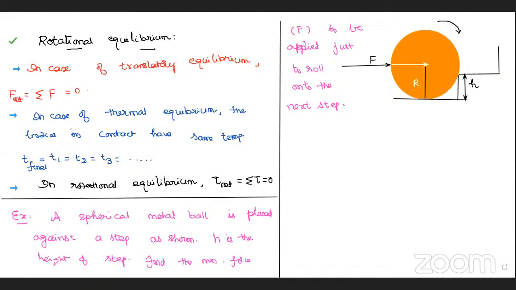Why? Because here net torque equals 0, which means at least two torques should be there. I am finding out one force.